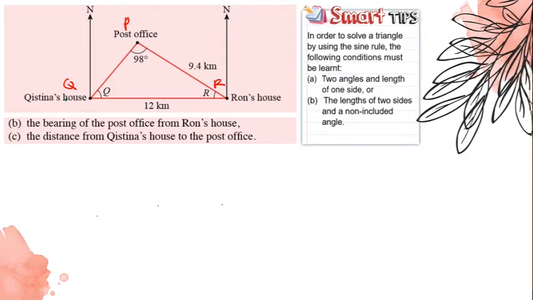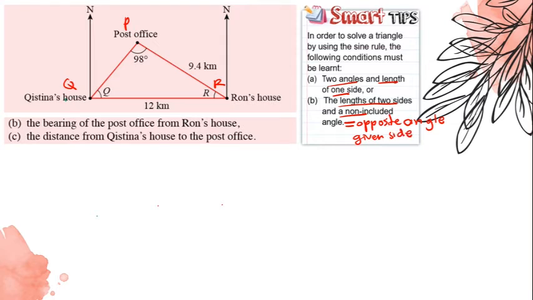There are two angles and the length of one side given, or the lengths of two sides and a non-included angle are given. The non-included angle refers to the angle opposite the given side.